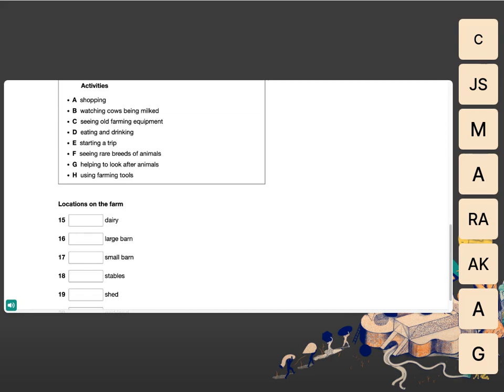Now listen and answer questions 15 to 20. We'll also be going into the farm that's part of the estate, where there's plenty to do. Most of the buildings date from the 18th century, so you can really step back into an agricultural past.